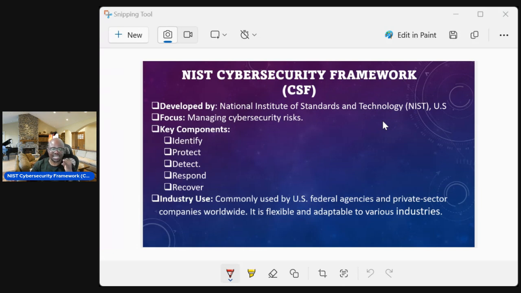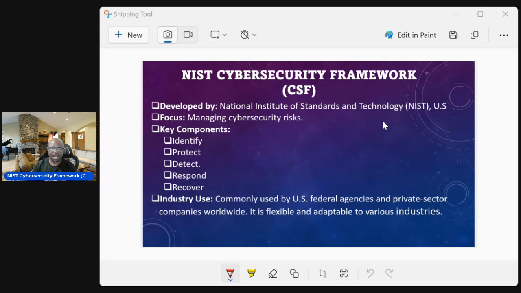Number 1 key activity is asset management. It means that under the identify function, organizations identify and manage their assets, that is their software, hardware, and data. Another key activity under the identify component is business environment, which means understanding the organization's missions, activities, and critical services.